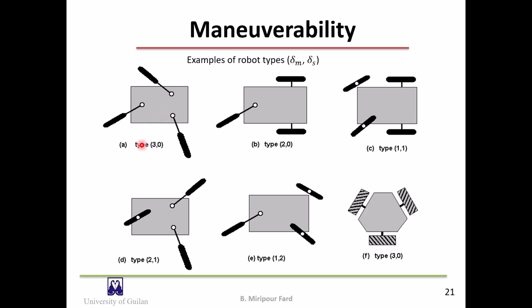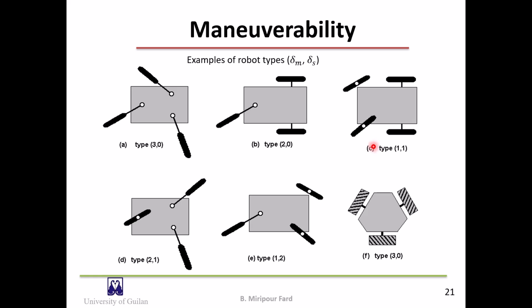So degree of steerability is 0. And the type of robot is 3, 0. In figure B, there are no centered orientable wheels, and there is just one constraint, because the constraints of these two wheels are not independent. So the degree of mobility is 2, and degree of steerability is 0, and the type of robot is 2, 0.